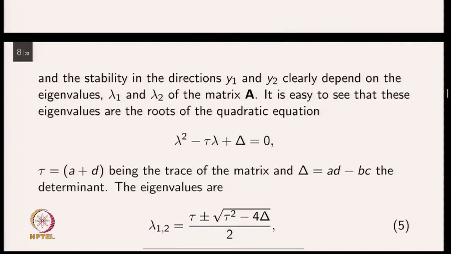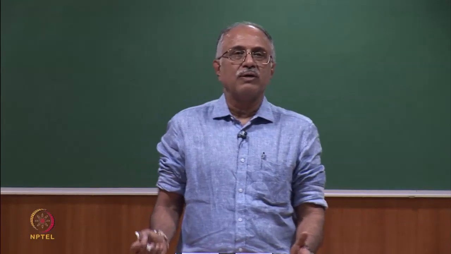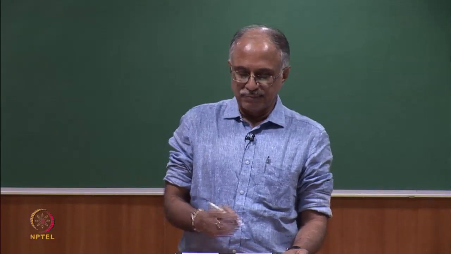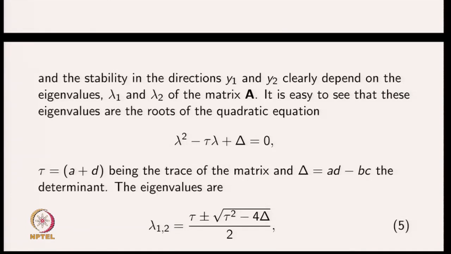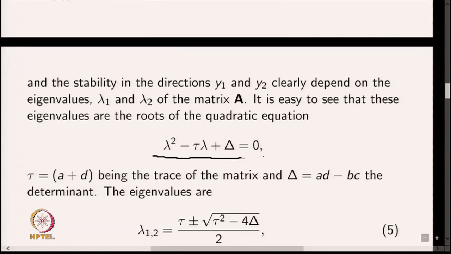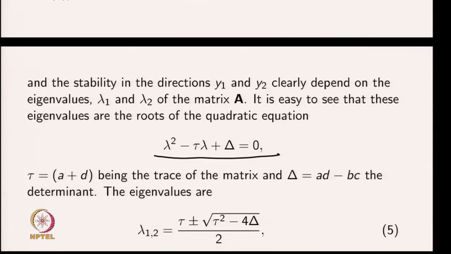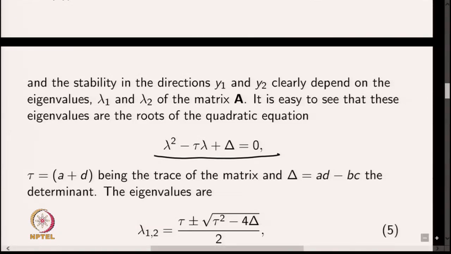All right. Now, these eigenvalues are the roots of a quadratic equation, and given the fact that this is a 2 by 2 matrix and fairly simple to solve, we can see that the quadratic equation which you need to solve is just lambda squared minus tau times lambda plus delta, where tau is the trace, or the sum of the diagonal elements.